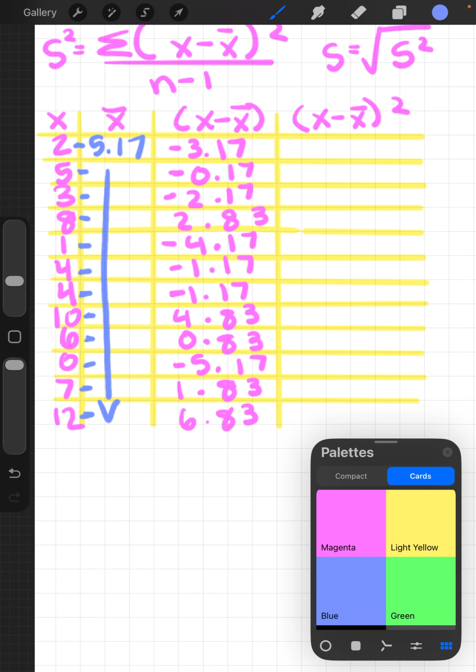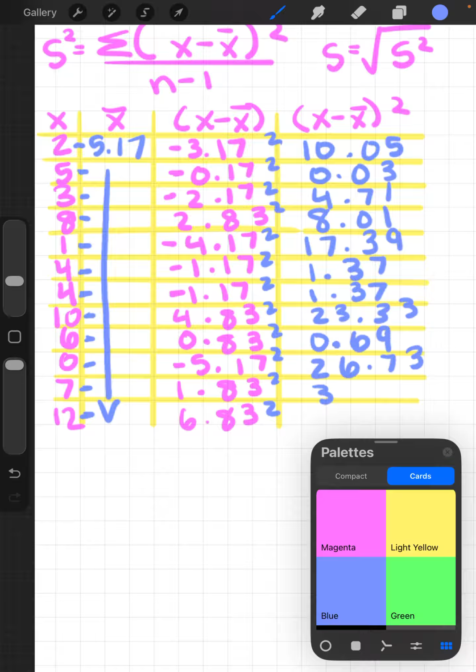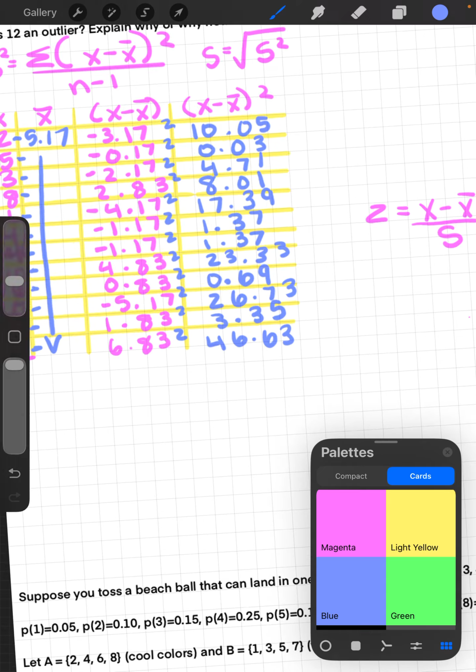And now we're just going to square them all. And then now we're going to add it all up.